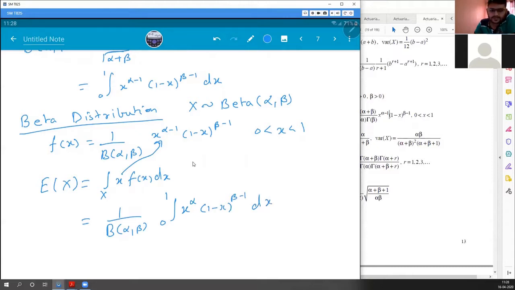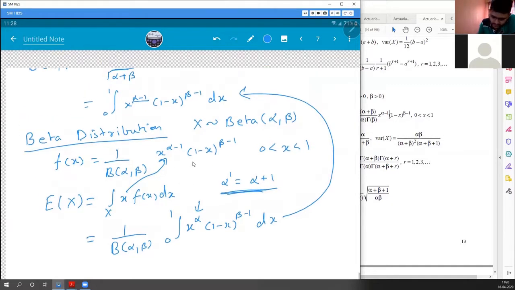Same as in the gamma distribution, where we used the gamma function to solve this, we will be using the beta function to solve this. You can compare this, and clearly the only difference is that here alpha instead of alpha minus 1 has come. So our new alpha is basically old alpha plus 1. If I name this as alpha dash, my alpha dash will be equal to alpha plus 1. I'm just trying to explain that our new alpha is nothing but old alpha plus 1.